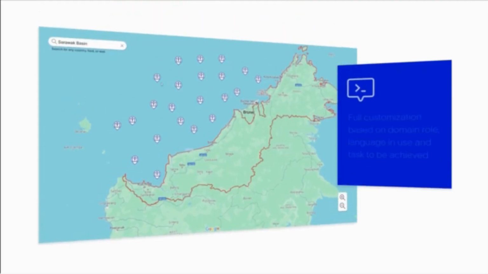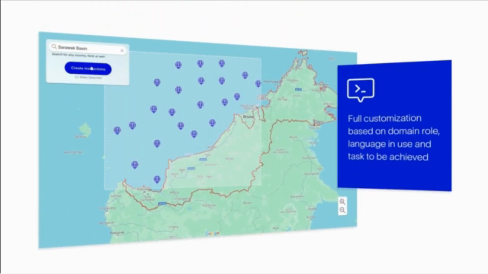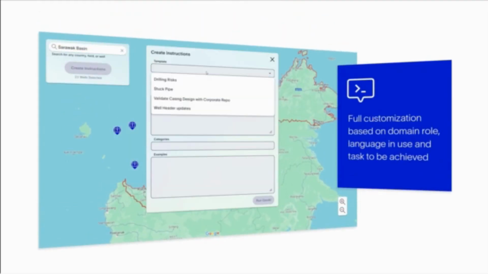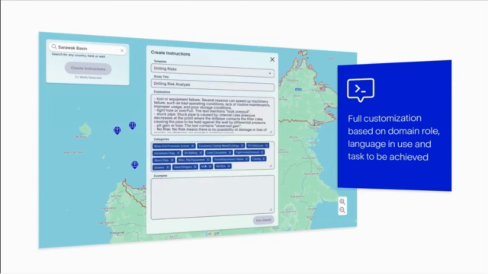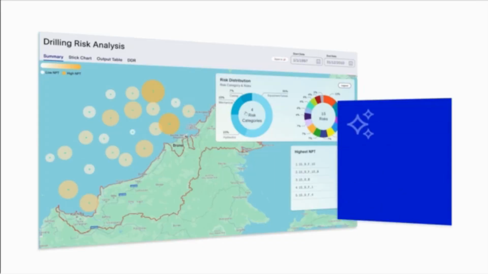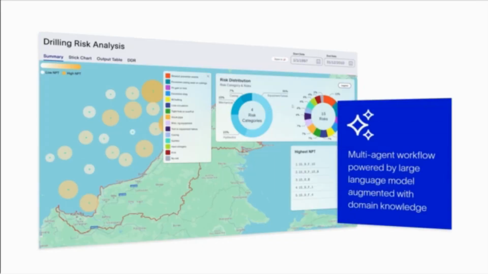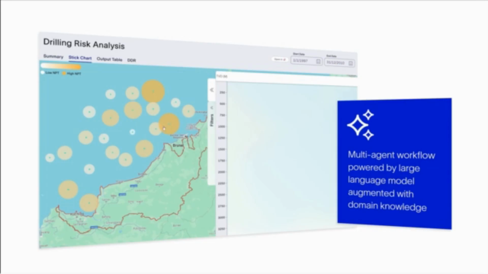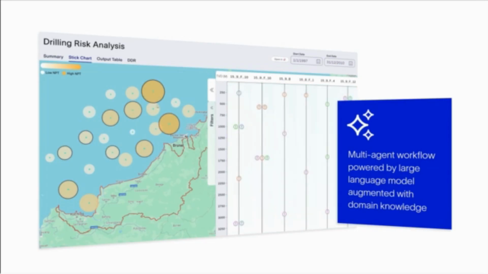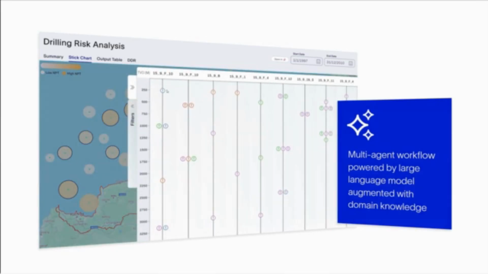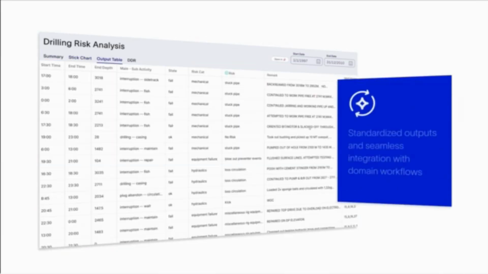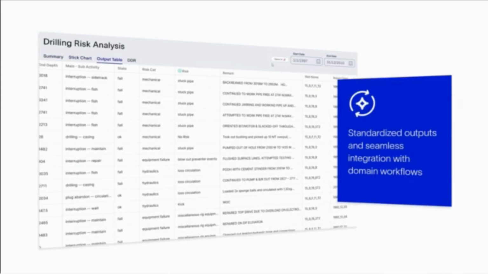Once a user selects a zone of interest, an engineer can utilize one of our customized domain prompt templates to uncover all relevant information across all available documents, including daily drilling reports. Generative AI will process unstructured documents with domain fine-tuned large language models. This enables a comprehensive overview of the retrieved insights associated with the prompt for the selected region.